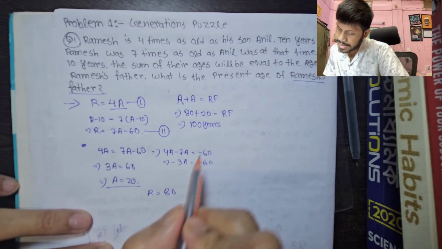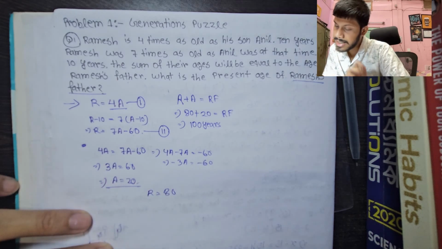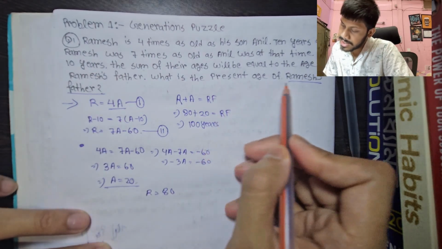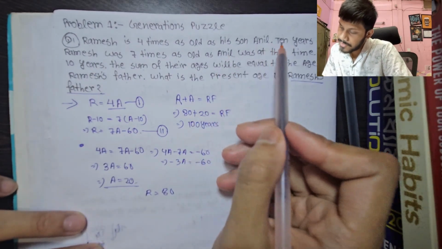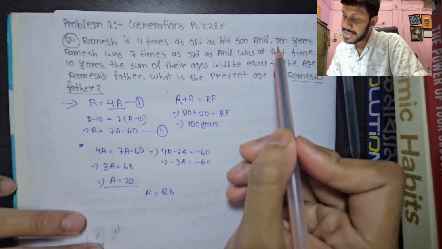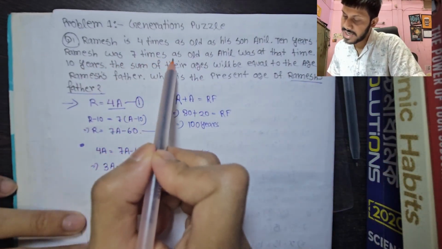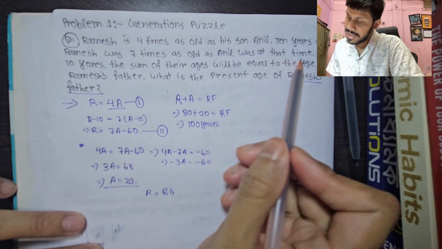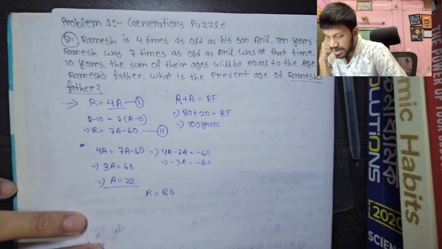The catch is that these ages are from 10 years ago. Now they are asking what is the present age, right? If you pay close attention, you will realize that 10 years ago Ramesh was 7 times as old as Anil was at the time.